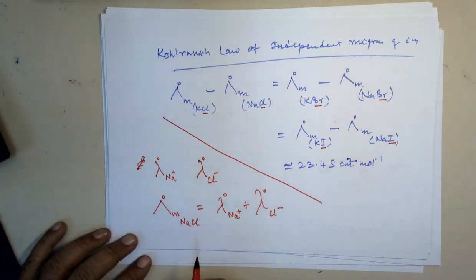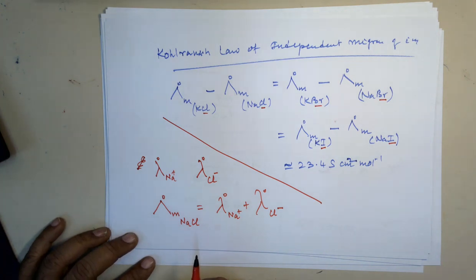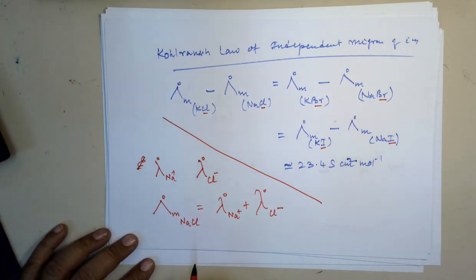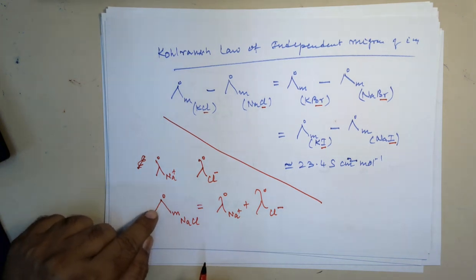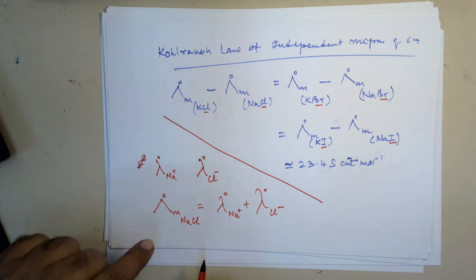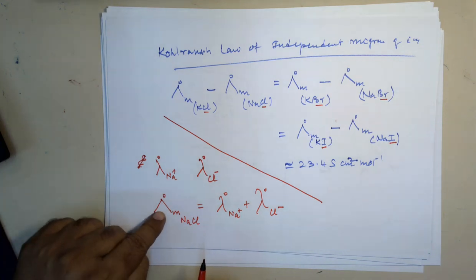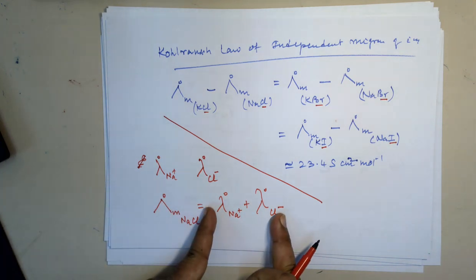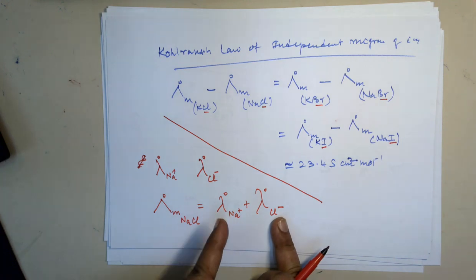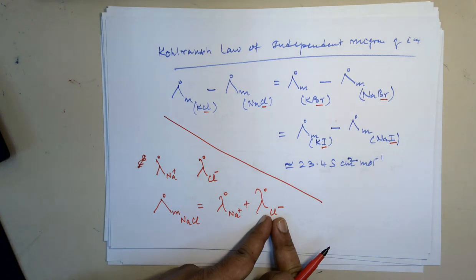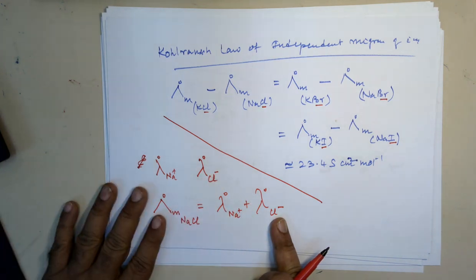This law states that the limiting molar conductivity of an electrolyte. What is that limiting molar conductivity of electrolyte? That is represented by capital lambda not m of NaCl. This is the electrolyte. This is represented as the sum of the individual contributions of what? Cation and anion. Are you able to follow? Okay, that's it.